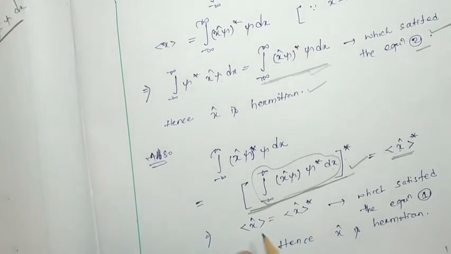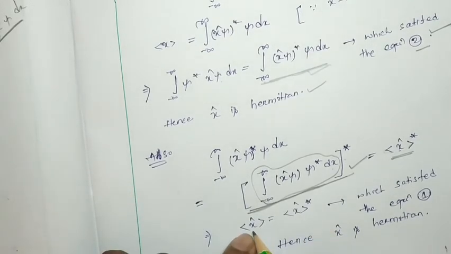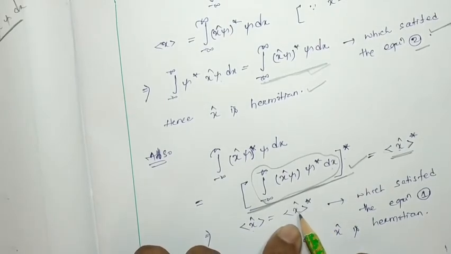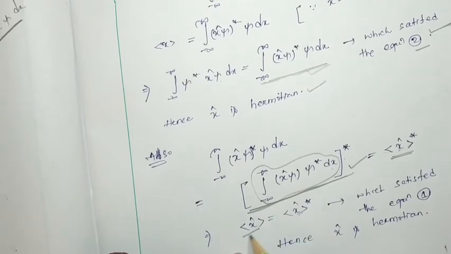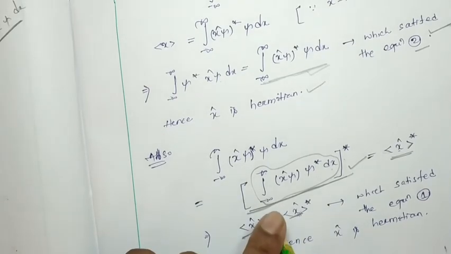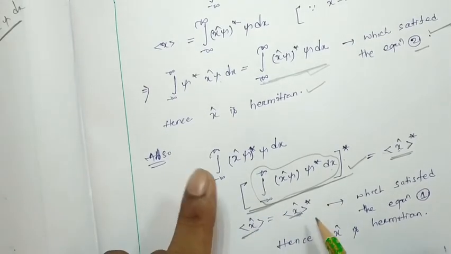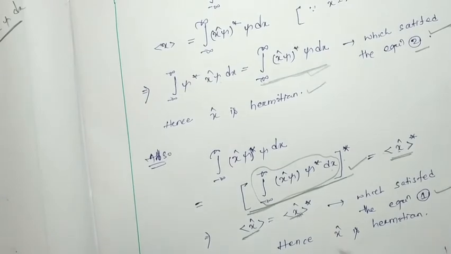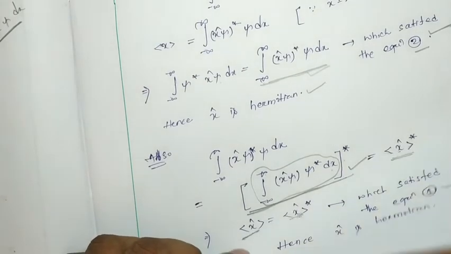This is the expectation value of position, and this is the complex conjugate of the expectation value of position. Both are equal and real, which satisfies equation number 1. Hence, x cap is also a Hermitian operator.